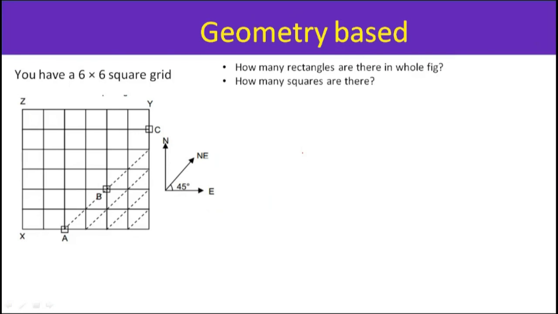Again, there's a pattern. You don't need to solve it. But very simple. You start with finding 1 cross 1 squares and then keep on reducing by 1.